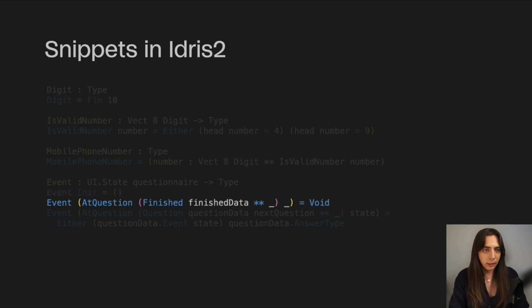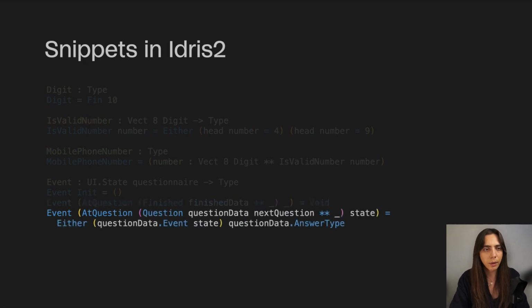And then I say, okay, when we're at the last question, the leaf node at the end, there are no events there. If this was an actual questionnaire we were using, we would probably submit the answers somewhere, but in this case, I haven't implemented anything like that, so there's nothing there. And then here, this is the interesting event type.